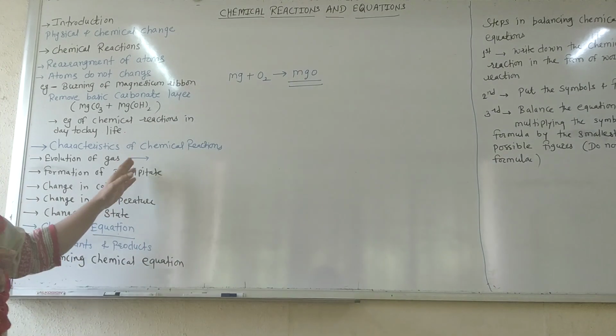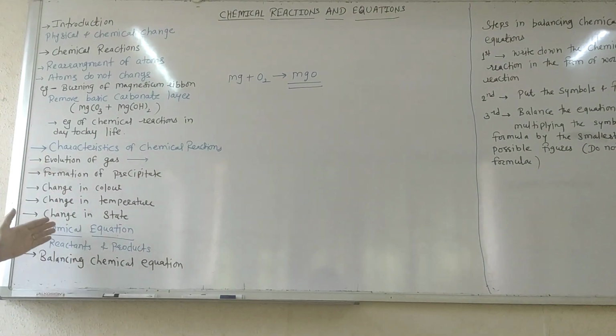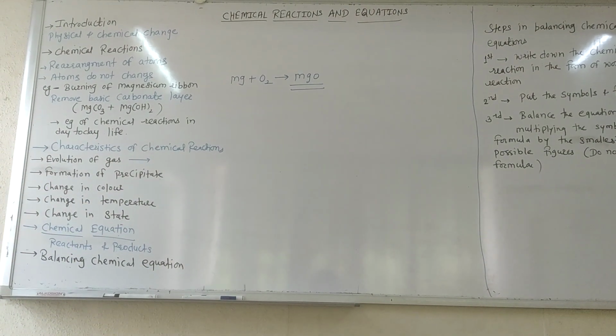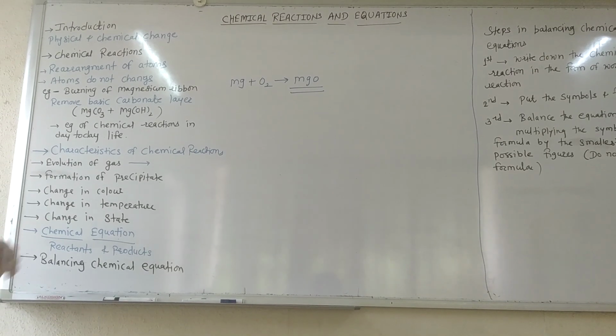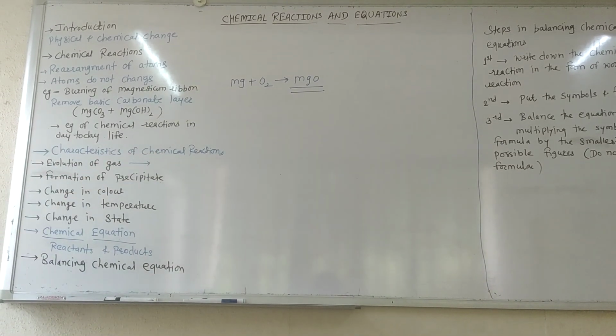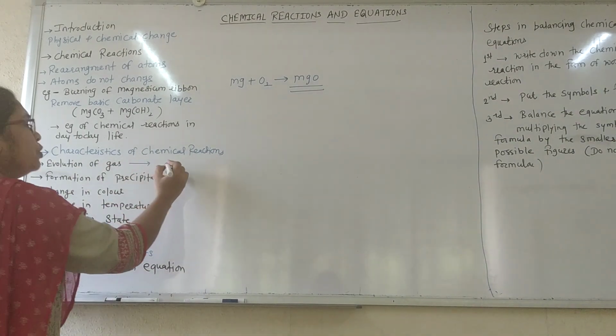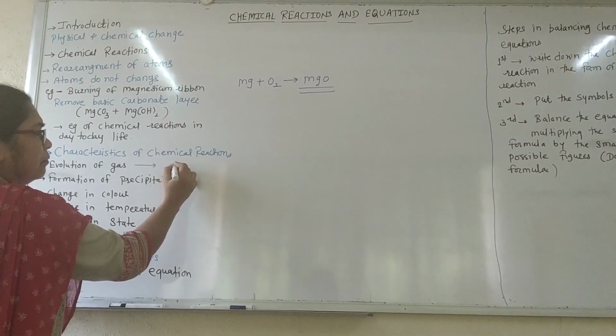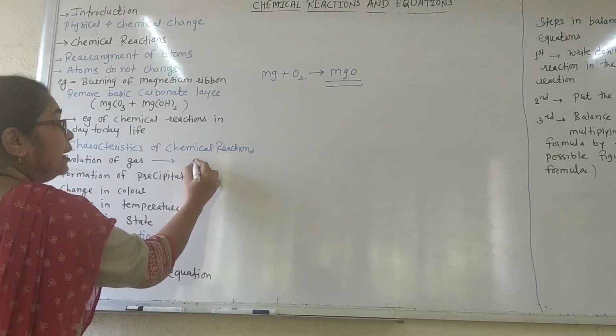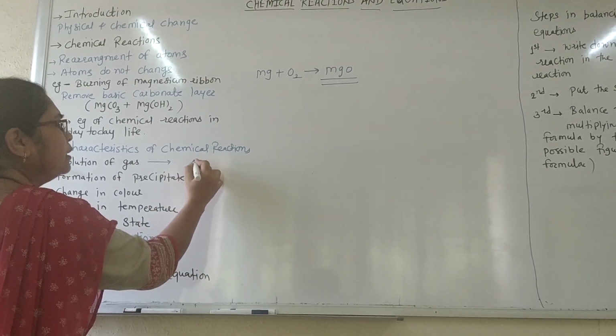Let's see the examples for each change that accompanies a chemical reaction. First one is evolution of gas. Any metal we can take here.